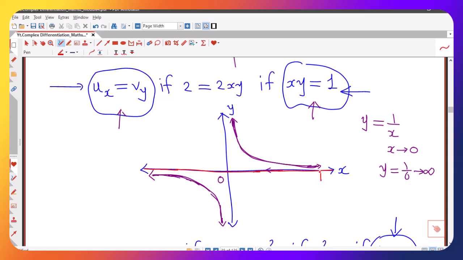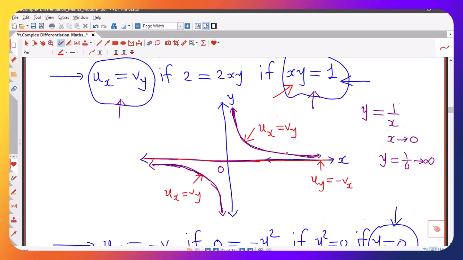Uy equal to minus vx is satisfied at all points on the x axis, and ux equal to vy is satisfied at all points on the rectangular hyperbola x into y equal to 1. And we are interested in those points at which both equations are satisfied. So you can see from this figure that there is no common point at which both equations are satisfied.